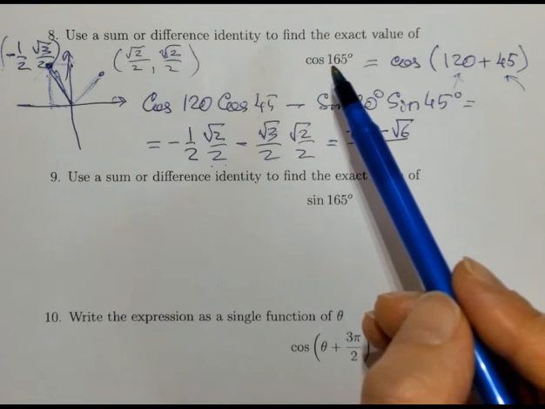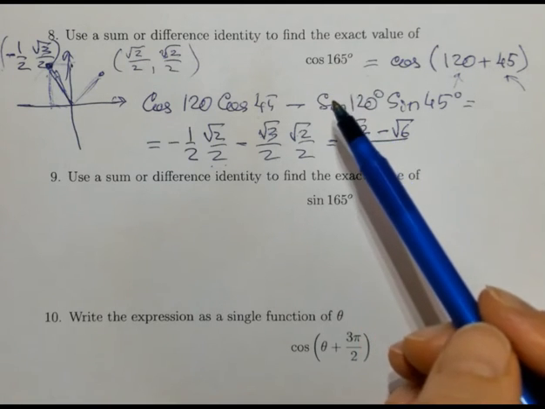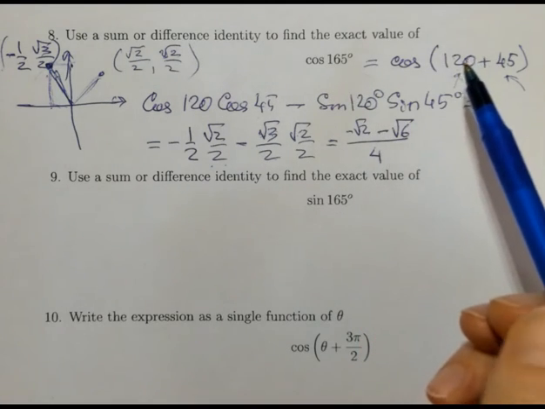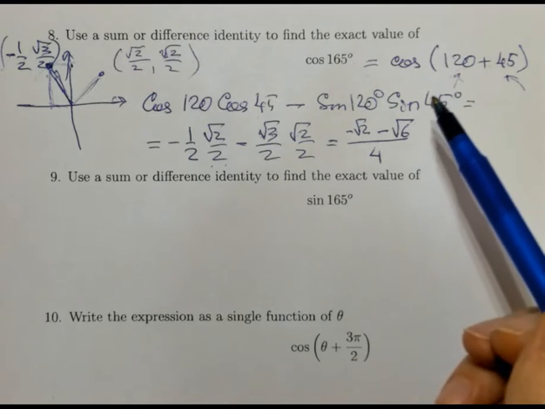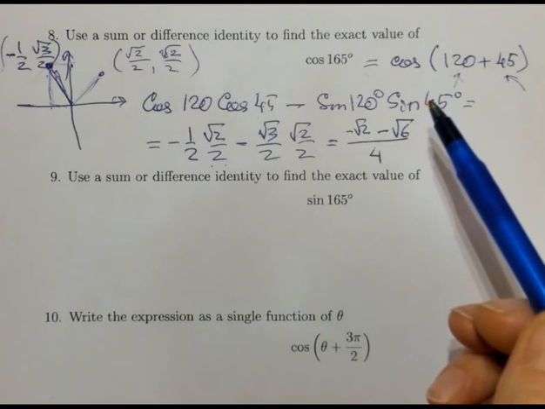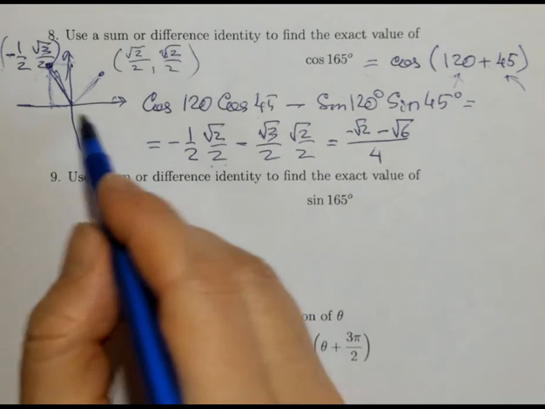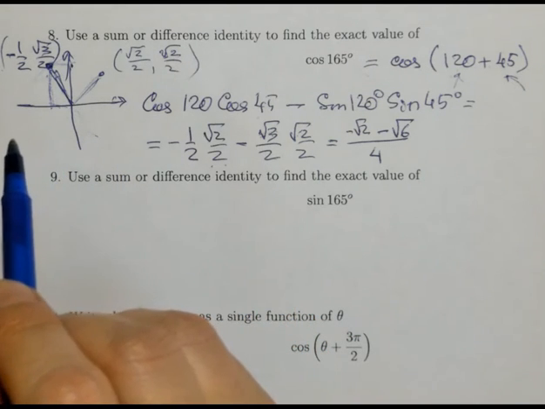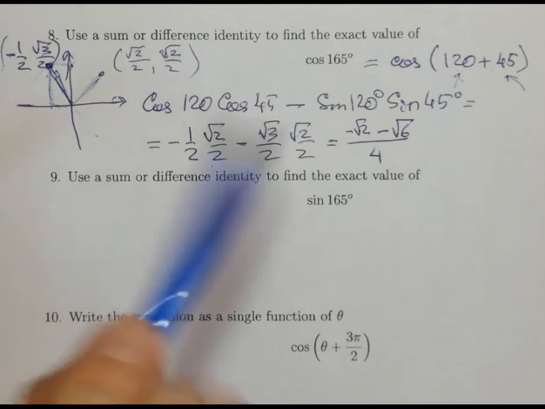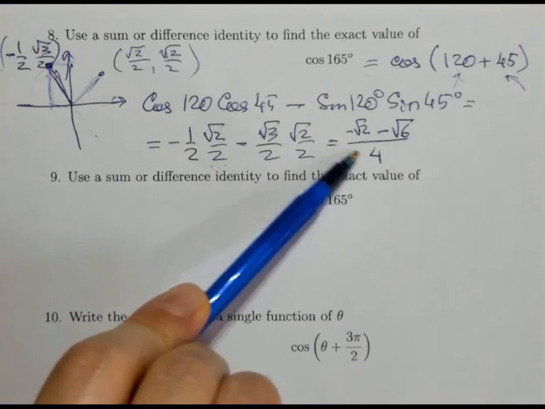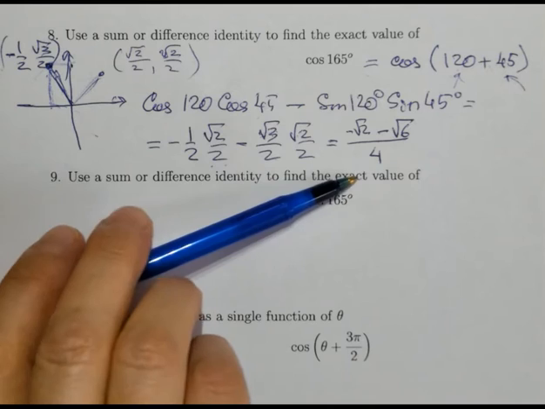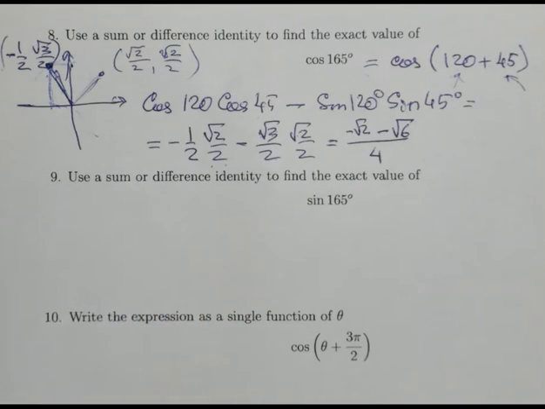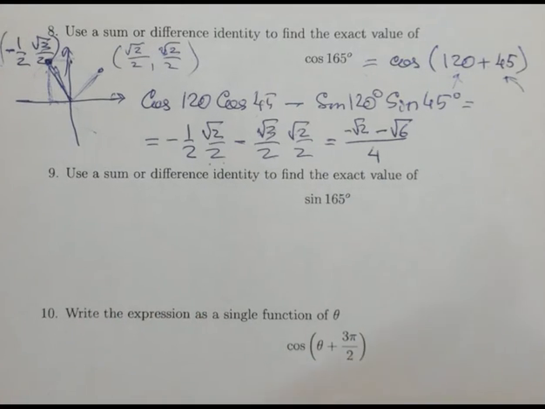So 165 will be half of 330 degrees. It's also an angle on the unit circle. And if you use the half angle identity, you'll get a different formula. So it's possible to show that the two expressions are equal.